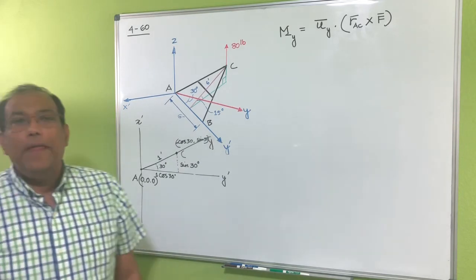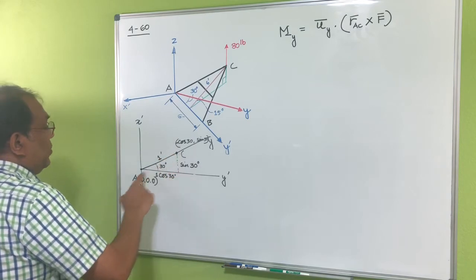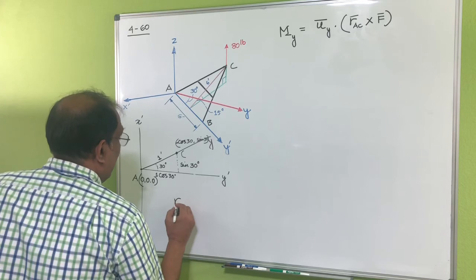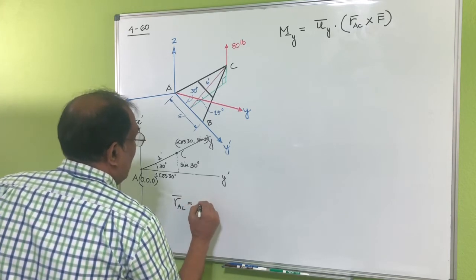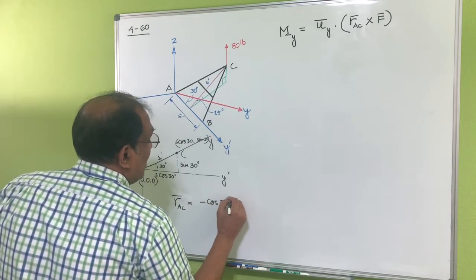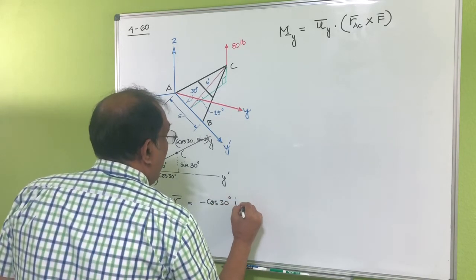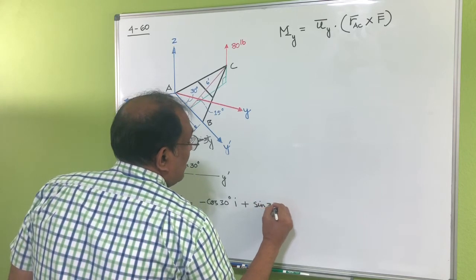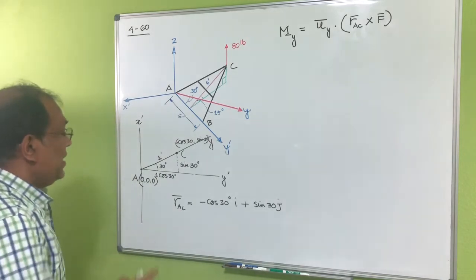Now if I write a position vector from here to here, then you can see the position vector from A to C is basically minus cosine 30 i plus sine 30 j. Okay, that's the position vector.